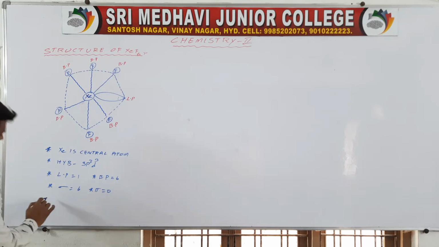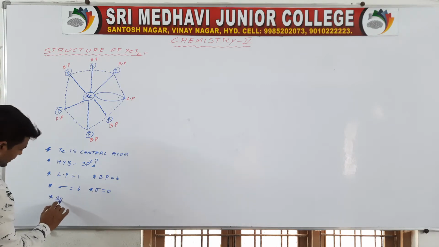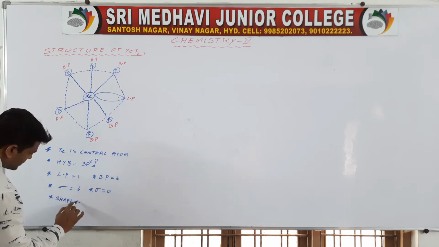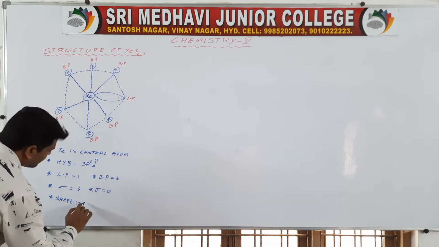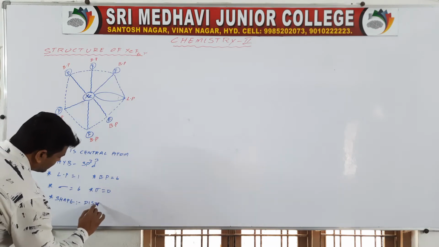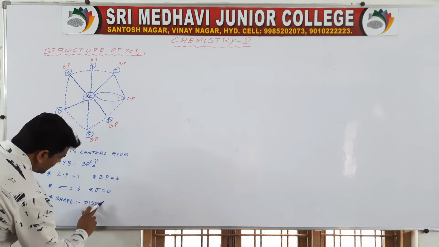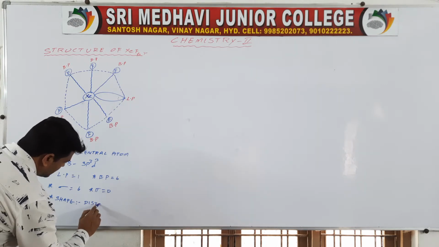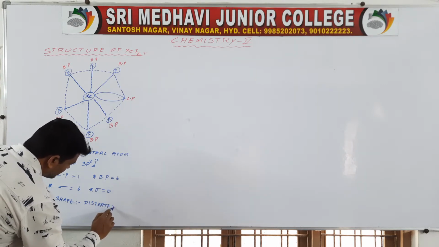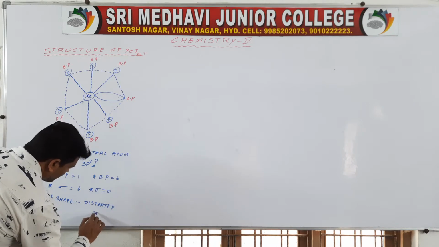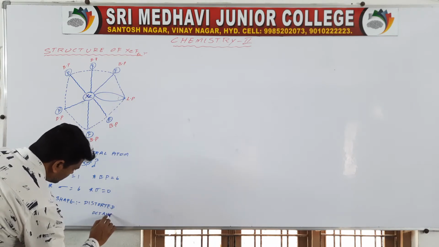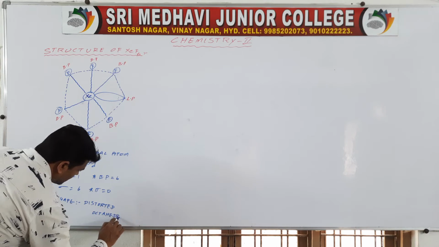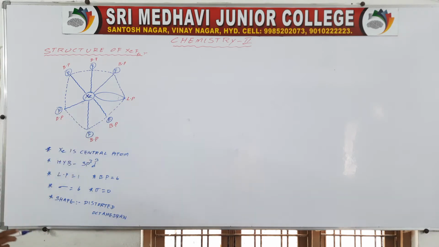Okay, then the shape of the molecule is distorted octahedron.